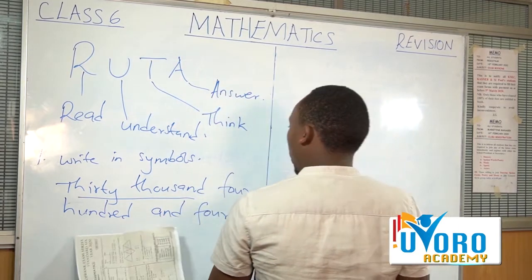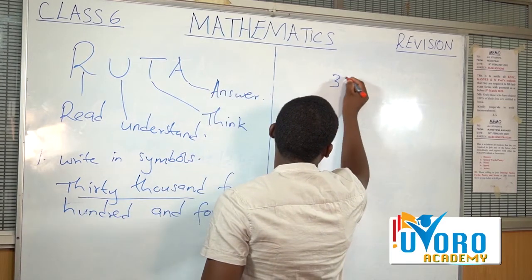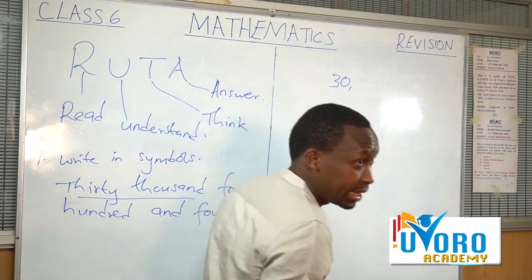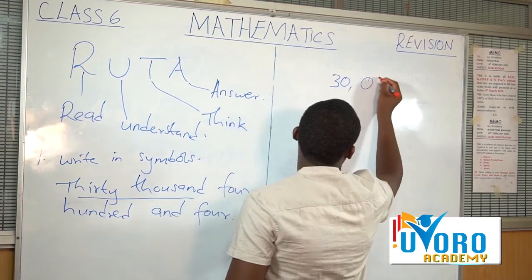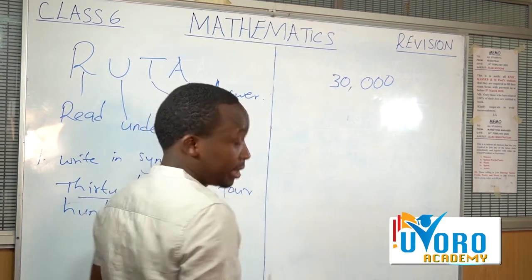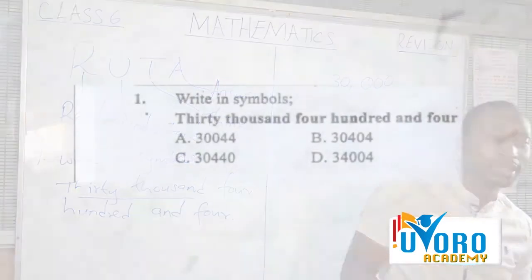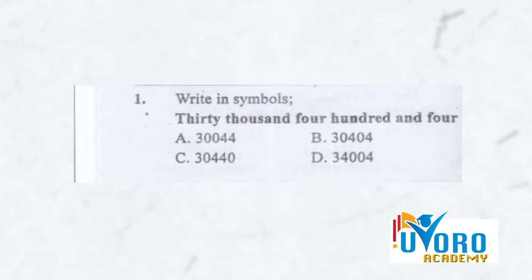So we'll first write 30. Then 1,000 has how many zeros? 3. That is 30,000. 400. 100 has how many zeros? 2. Very good. That is 400.